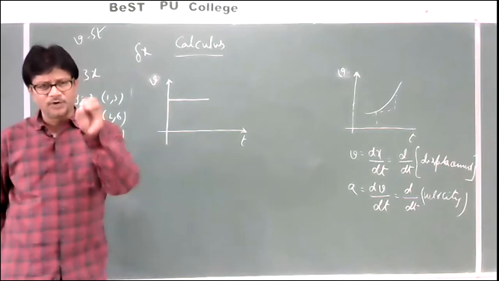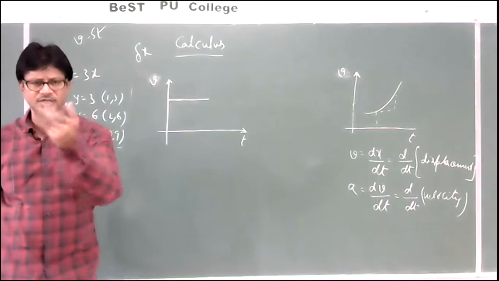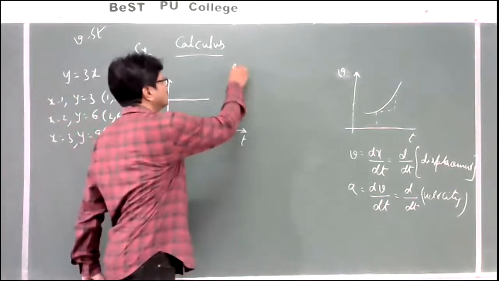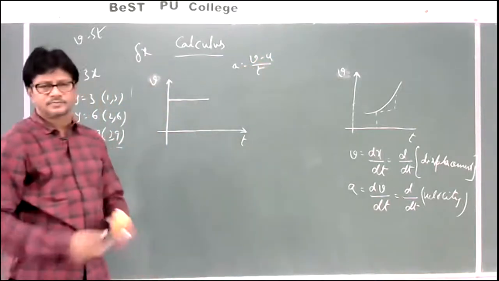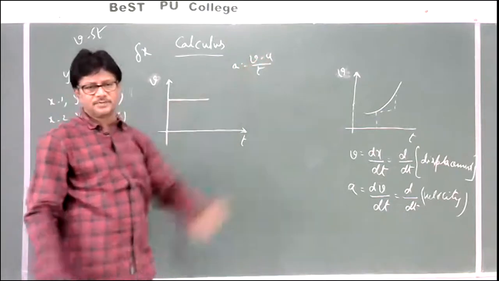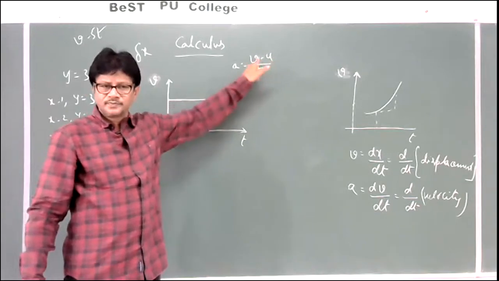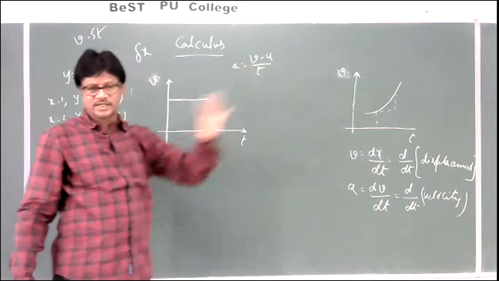Because whenever a body is moving with uniform velocity, there will be no acceleration. Because acceleration is equal to (v minus u) by t. Here a body is moving with uniform velocity, so v is equal to u. Since v is equal to u, 0 by t gives 0. Acceleration is 0.